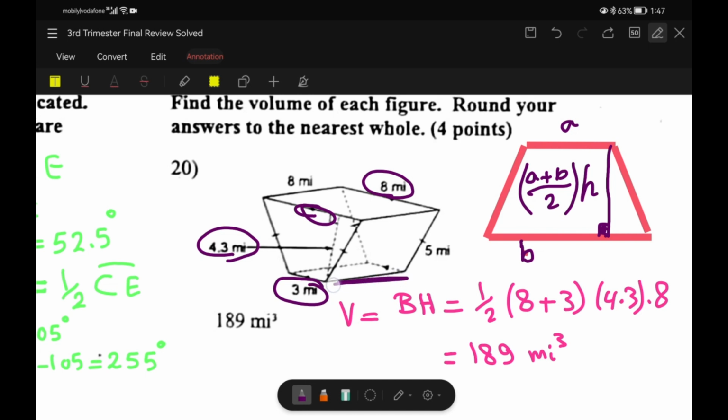This is the height of the shape. It's the same as here because they are parallel, so it will be 8 also. So we have half times (8 plus 3) times 4.3 times 8. Use your calculator to find the answer. It will be 189 cubic miles.